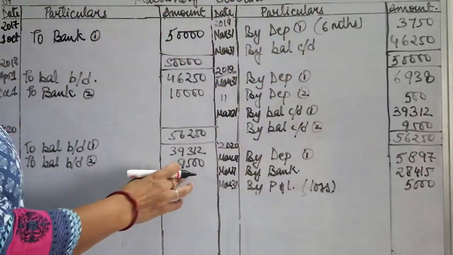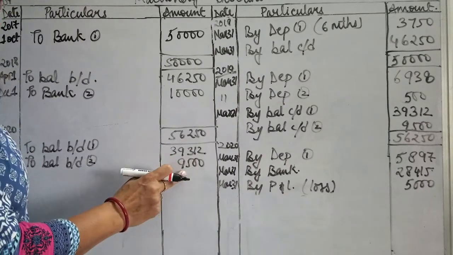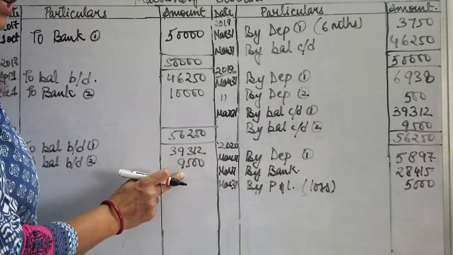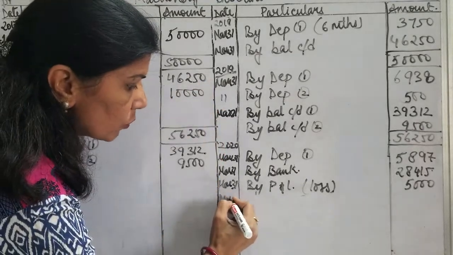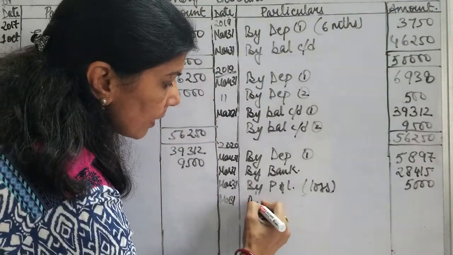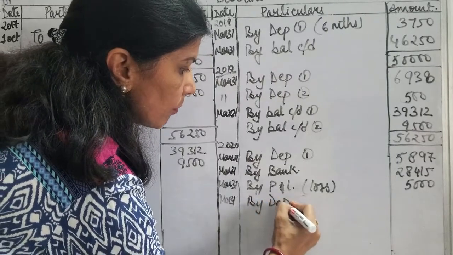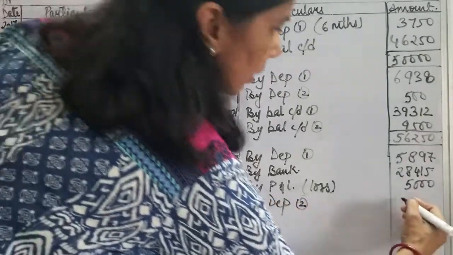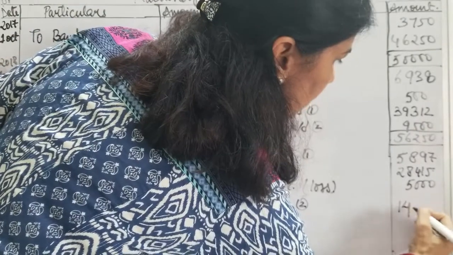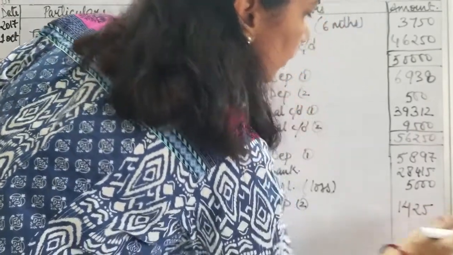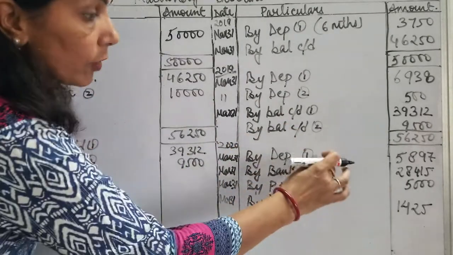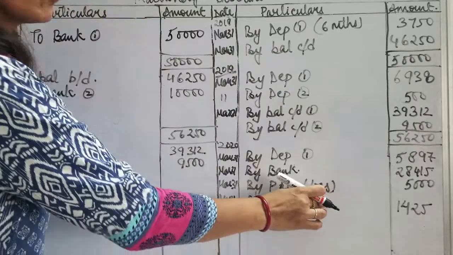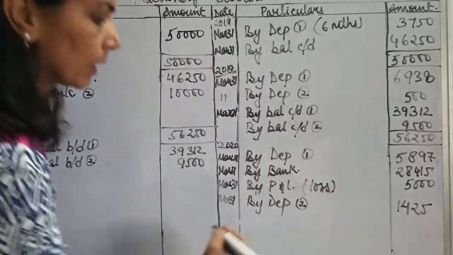Now let's talk about our second machinery. So full year's depreciation will be provided on this machinery this time at the rate of 15%. So the amount will be by depreciation machinery 2, and 15% of 9,500 will come to 1,425, right? Now let's take the balances. Our first machinery's account is closed because we have already sold that machinery.